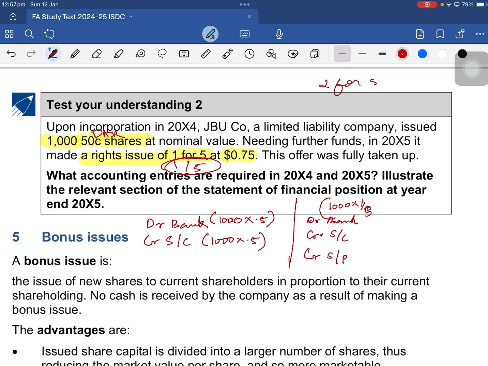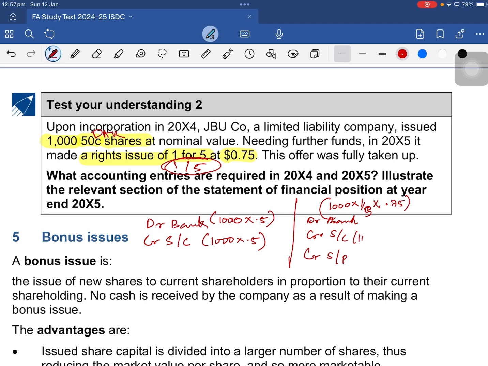2 for 5 means 2 by 5. 1 for 10 means 1 by 10. Understood? So every time there would be a fraction given to you. Clear? Okay. So you're going to take 1 by 5 into how much did you get? 0.75. Okay.